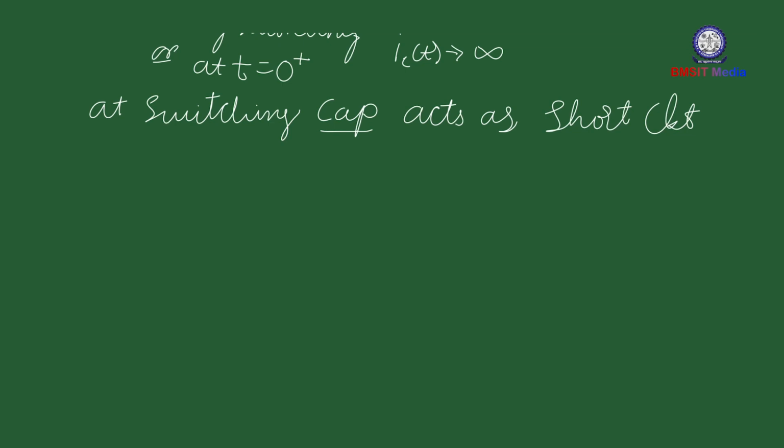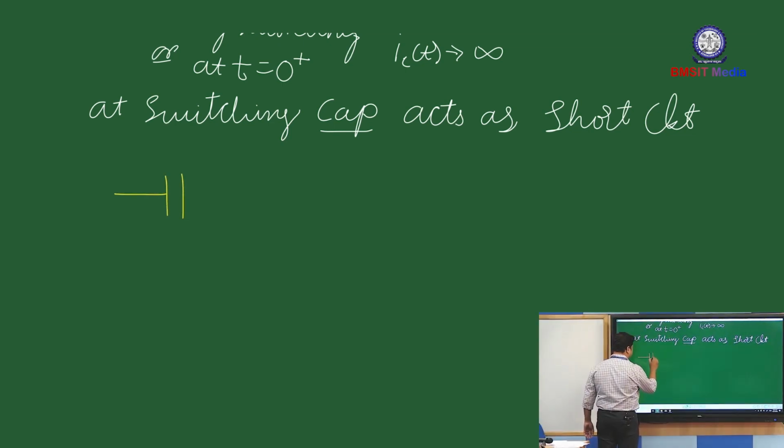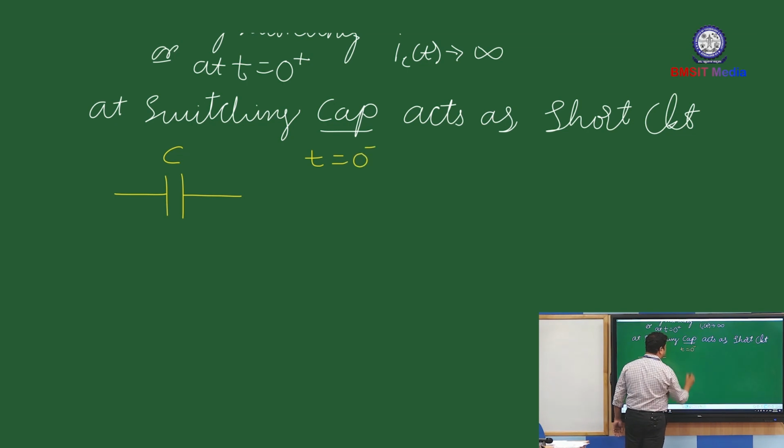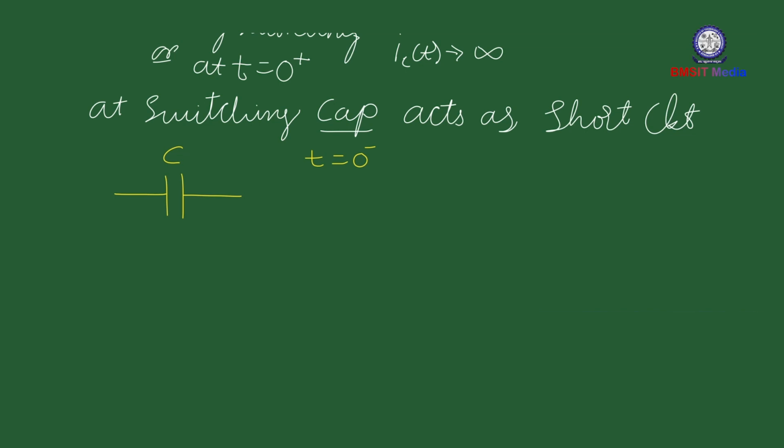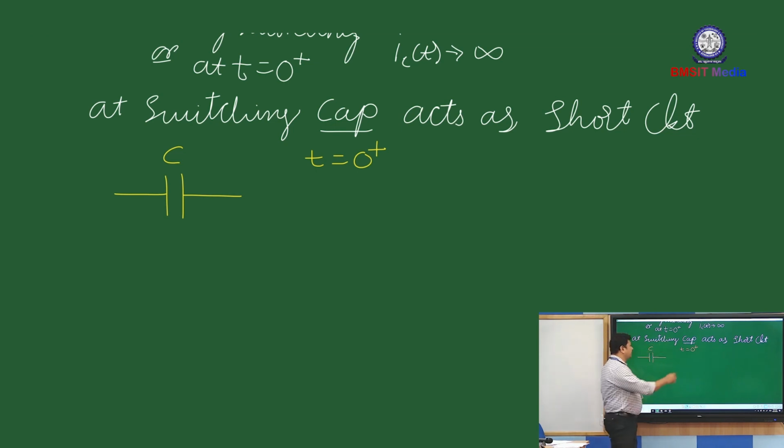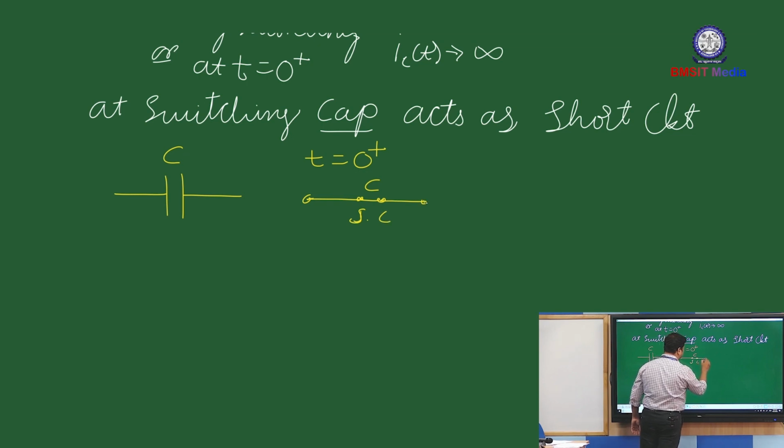So if I see the capacitor now, I have this capacitor with C. At t equals 0 minus, the capacitor is acting like an open circuit. At t equal to 0 plus, during switching, the capacitor acts as a short circuit.